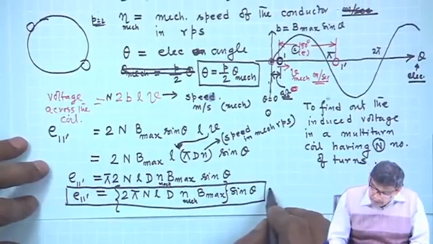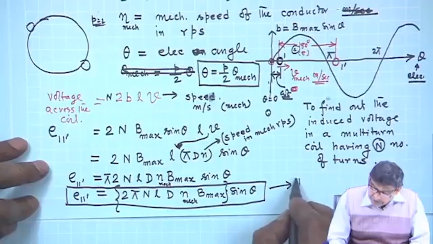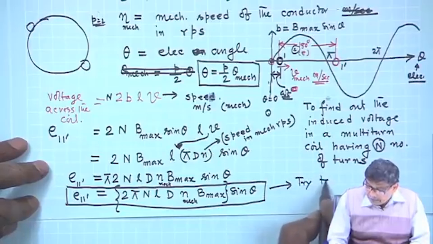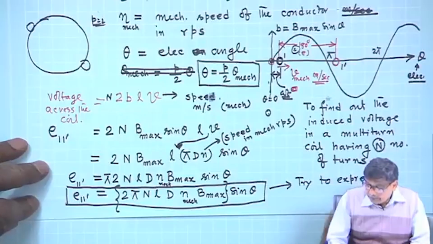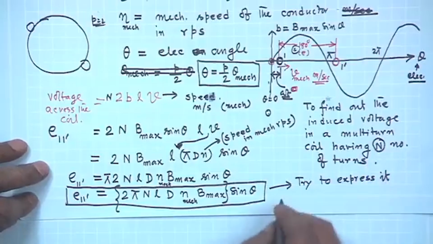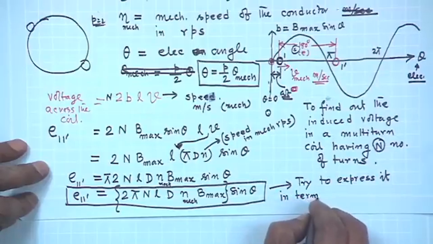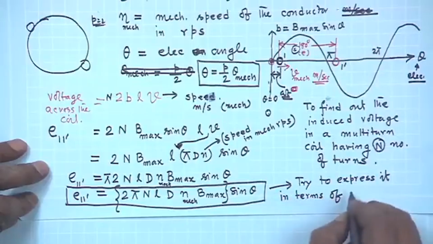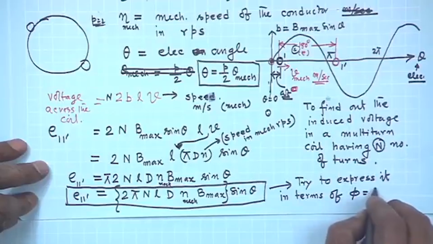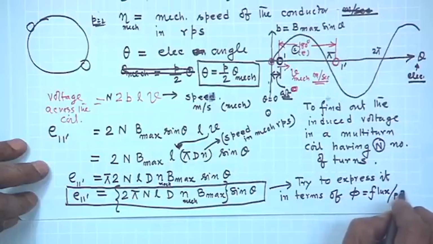So, my goal is to express it in terms of phi, which is equal to flux per pole.